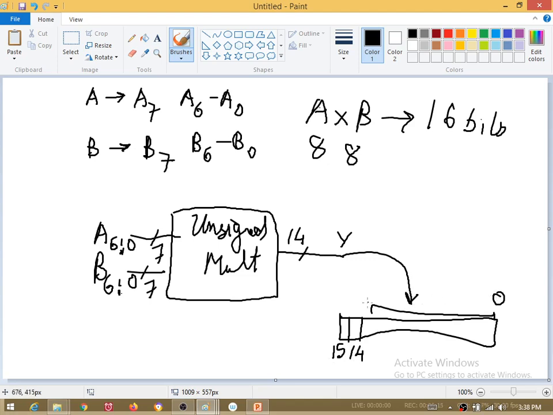So 0 to 13 is the answer coming from the unsigned multiplier, which multiplies a 7-bit number with a 7-bit number. Remember that we are only multiplying the magnitude with the magnitude part. So the answer of the multiplication of the magnitudes goes here between 0 and 13.